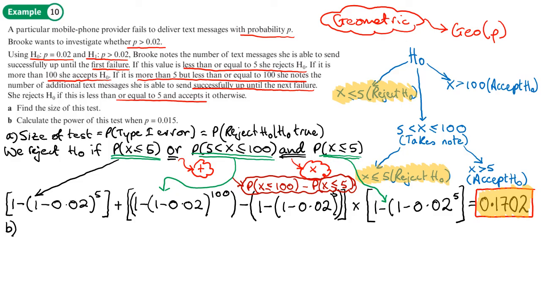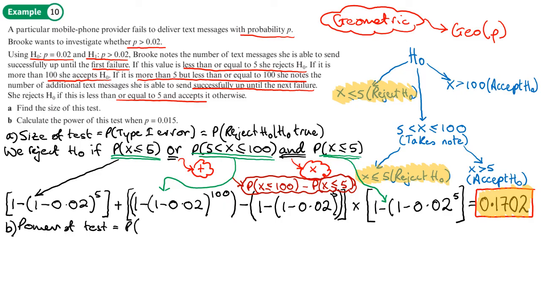Now part B, calculate the power of this test when p is 0.015. So remember, the power of a test is 1 minus the probability of a type 2 error. But we've not calculated a type 2 error.